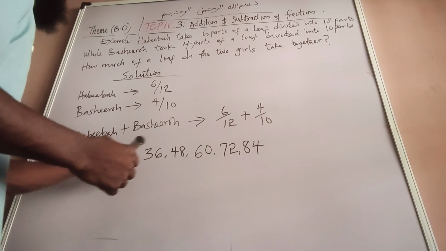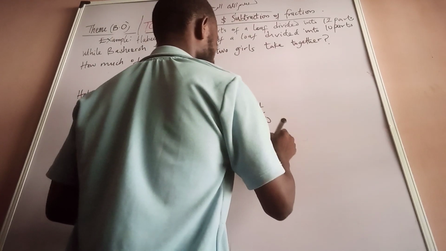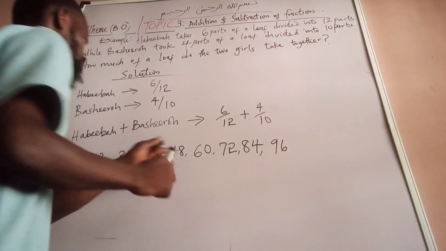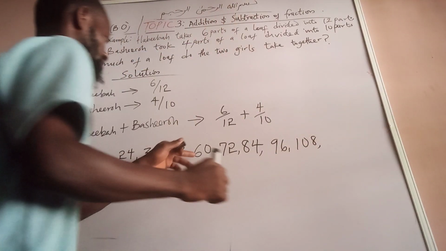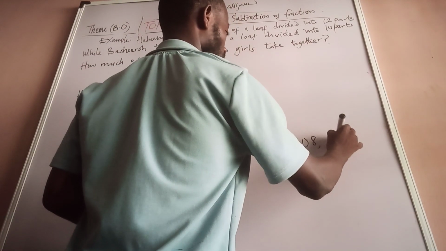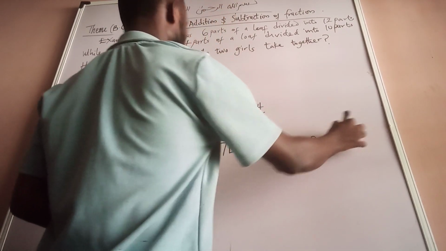The next one will be 96, followed by 108, followed by 120. These are the multiples of 12.